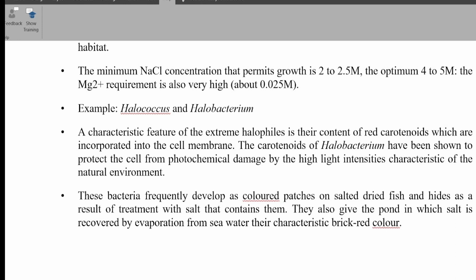They also give the ponds in which salt is recovered by evaporation from seawater their characteristic brick red color. So, if these bacteria are present, there will be an orange or brick red color appearance.